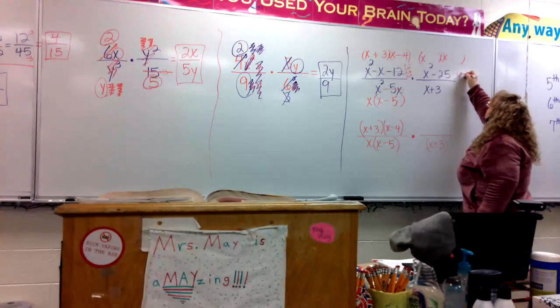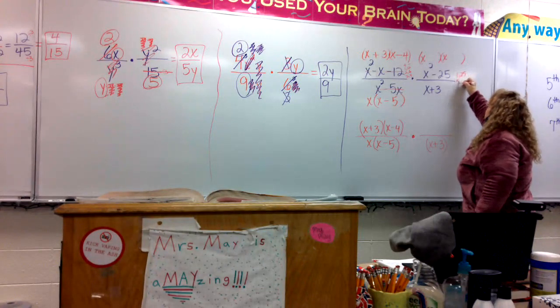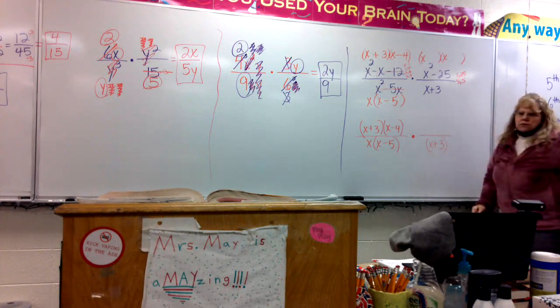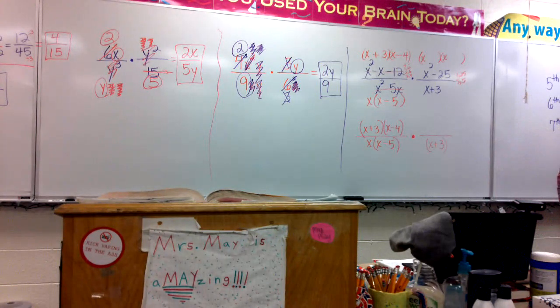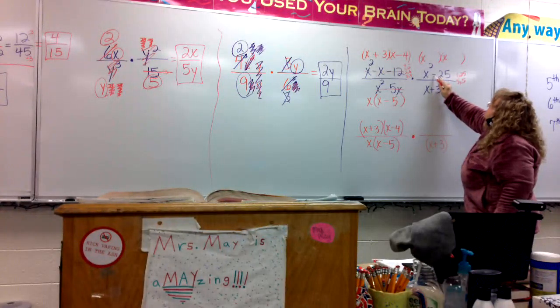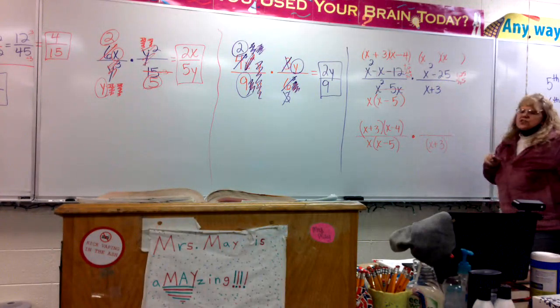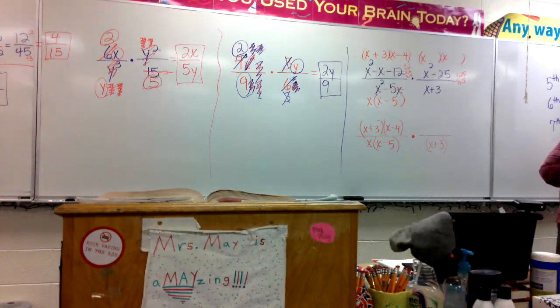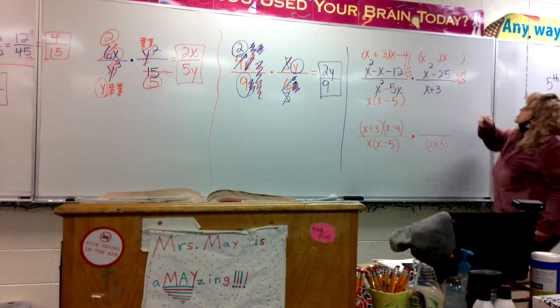What about 25? It's either 1 and 25 or 5 and 5. Which is it? There's no middle term, so they have to subtract to 0. Is there a combination that subtracts to 0?